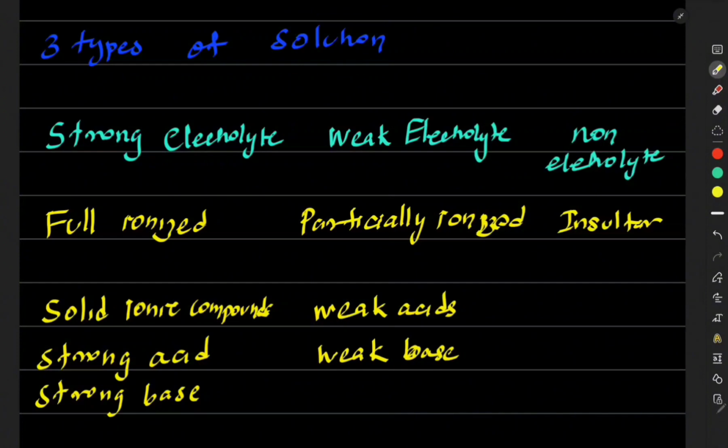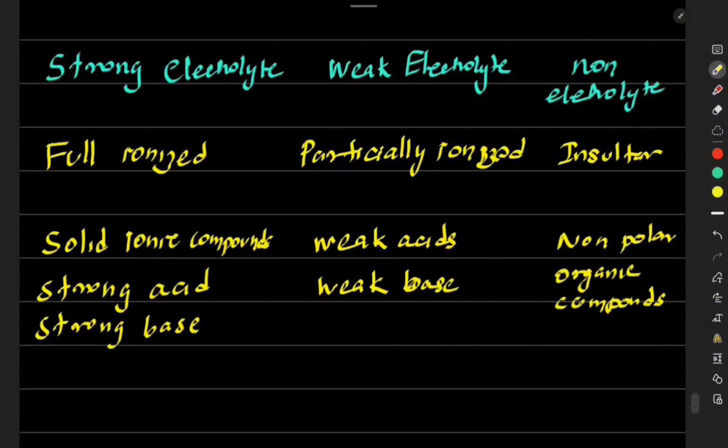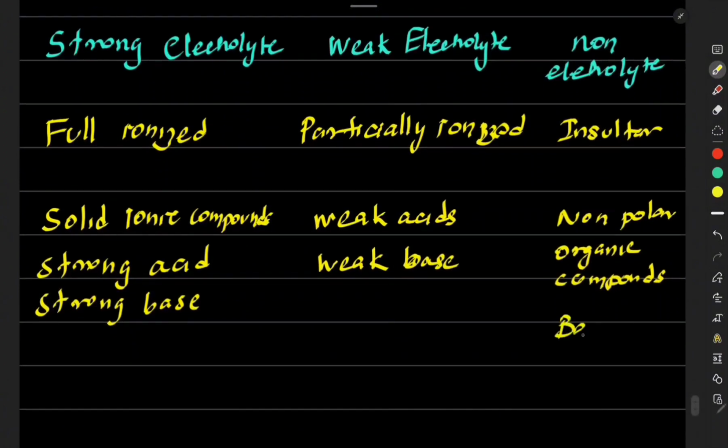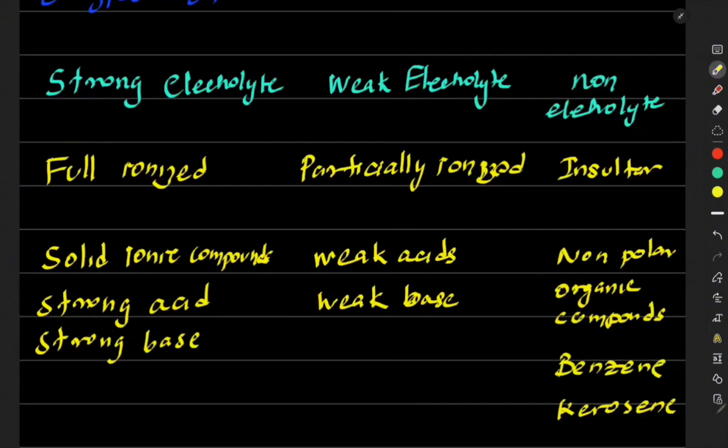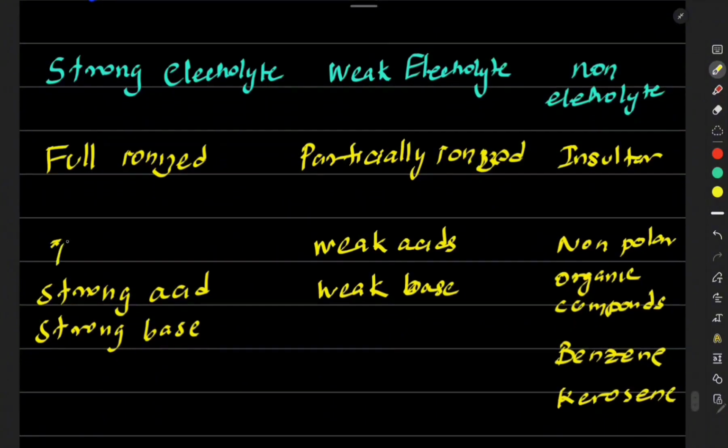The non-electrolytes are non-polar organic compounds. Examples: benzene, kerosene.